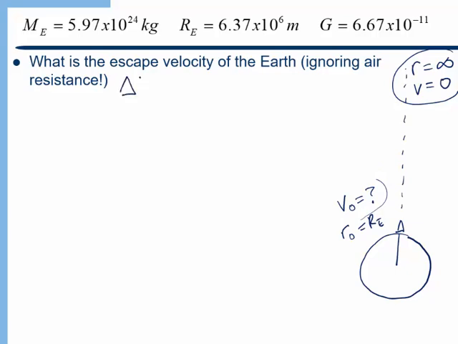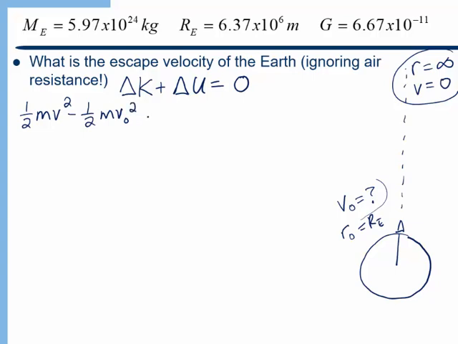We know our first step is to write delta K plus delta U is equal to 0. Again, we're ignoring air resistance, no other applied forces acting. Next step, same thing, write out what these represent. Delta K represents 1/2 mv squared minus 1/2 mv naught squared.